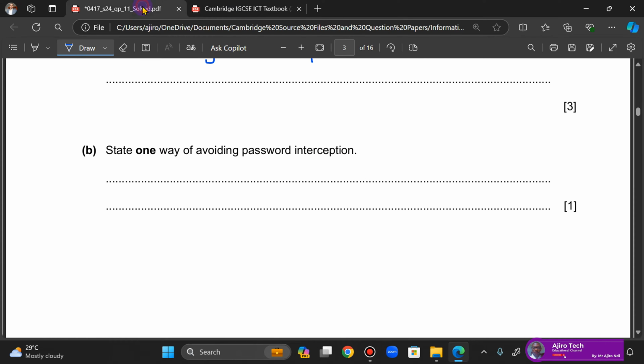So one way to avoid password interception is changing your password regularly. That's one, which is the only thing they want here.